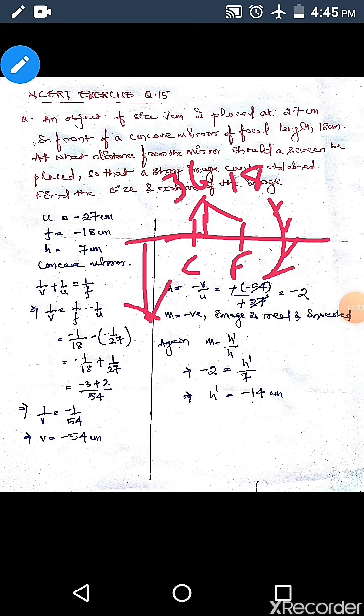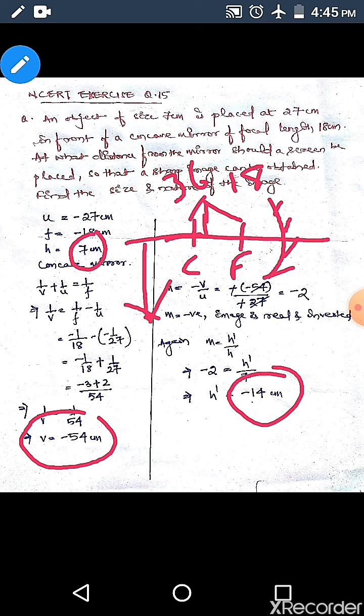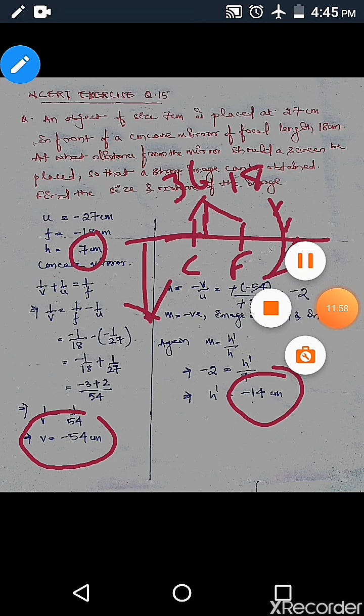The object is placed between C and F and the image should be beyond C. Here the image distance is minus 54, which is obviously beyond this 36, that is, beyond C. And the image is real, inverted and enlarged. Here the object height is 7 cm, but the image height is minus 14 cm, which shows that it is enlarged. So like this you can verify.